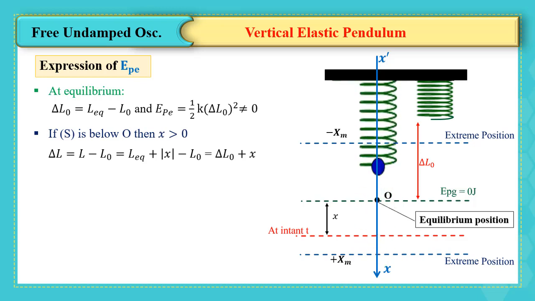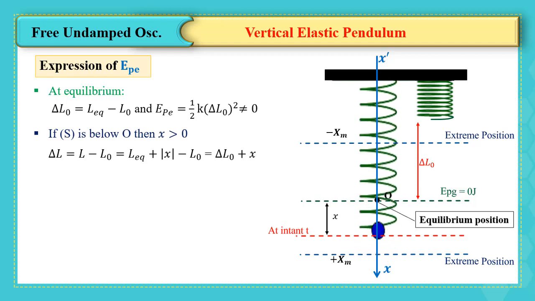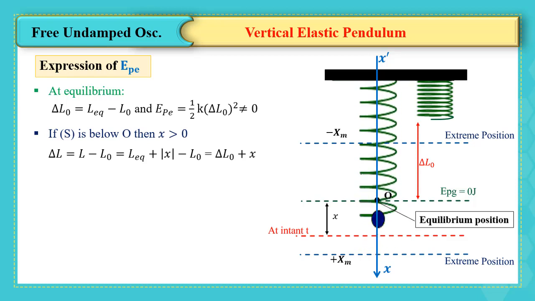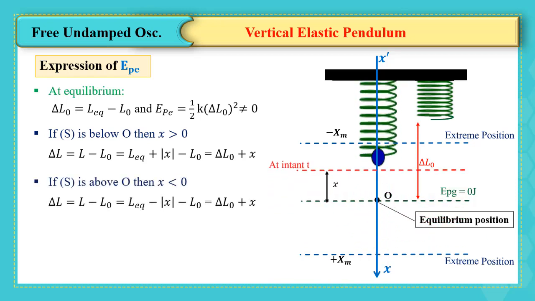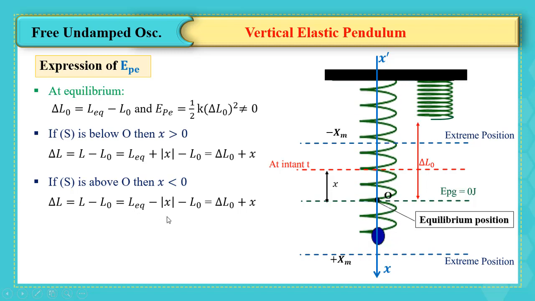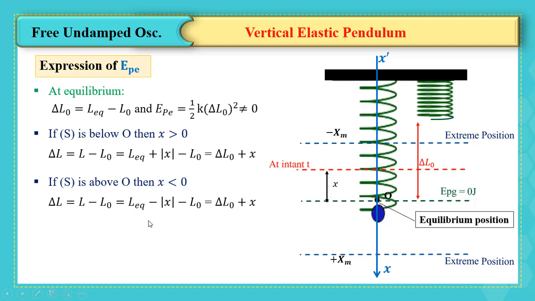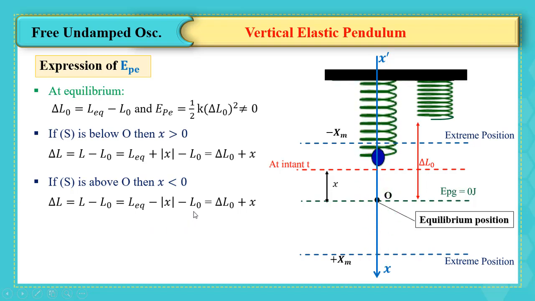Then L equilibrium minus L0 expresses delta L0, and we can write it as delta L0 plus X. If S is above O, then X is negative. Delta L, which is L minus L0, equals L equilibrium minus the absolute value of X, minus L0. Then L equilibrium minus L0 expresses delta L0, and the answer is delta L0 plus X.